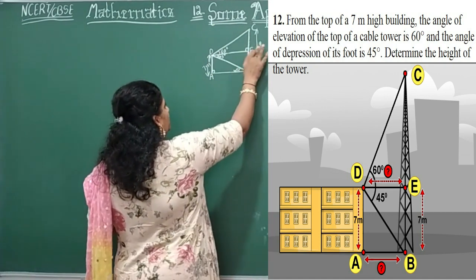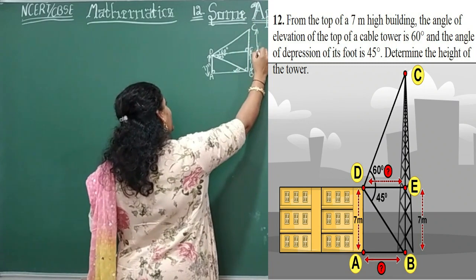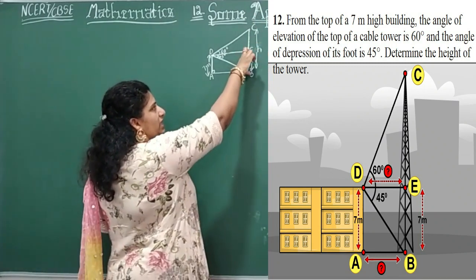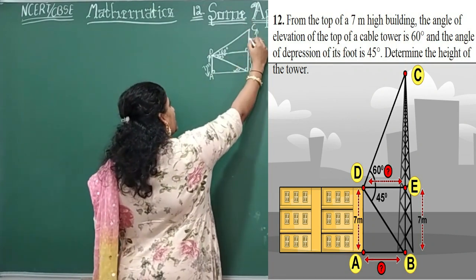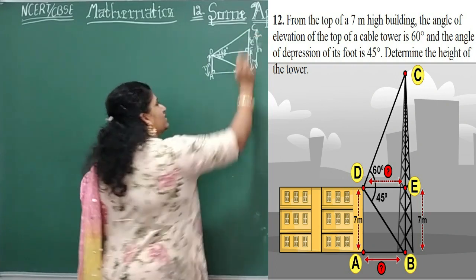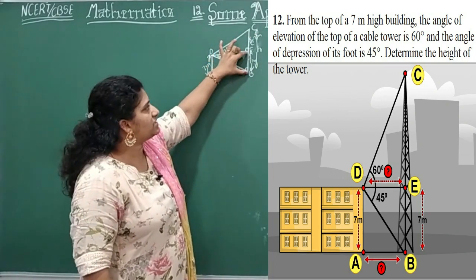So let me assume the full total height of the tower, let it be H. Up to BE I know it is 7 meters. Then what is CE? It must be H minus 7 meters. Observe carefully, children. The full line is H. Up to this part it is 7.